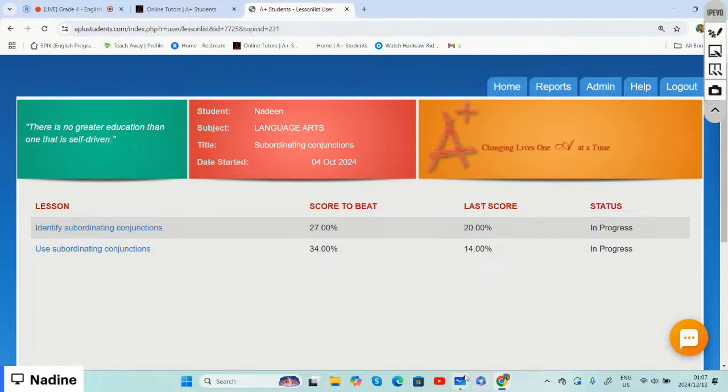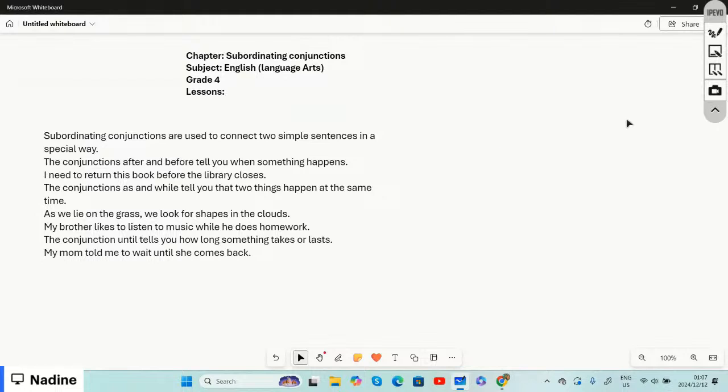All right. So our chapter is subordinating conjunctions. Our subject is English language arts. We're doing grade 4.